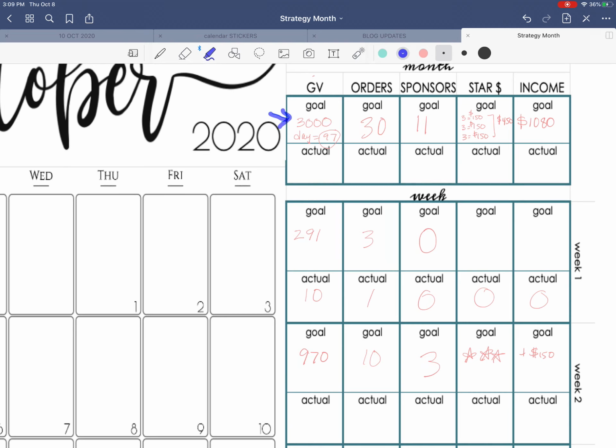And so what kind of income does that generate? It's going to generate a little over $1,000. Okay, so I can fill out this part and this part. So pause the video and put in your group volume, and then divide it by 31 so you know what your daily is right here, and then put out what income that's going to give you.